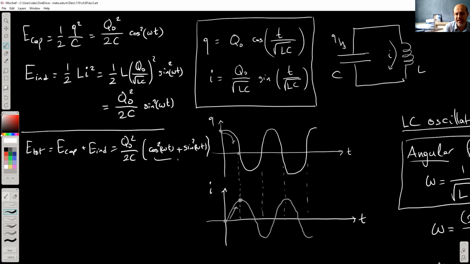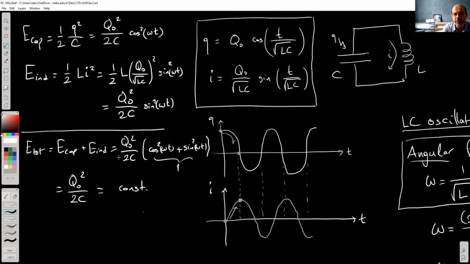And so they add up to equal 1. Therefore, the total energy is Q0 squared over 2C, which is basically the initial energy. This is constant. The energy is conserved here, just as we expected. So the total energy is equal to the initial energy.